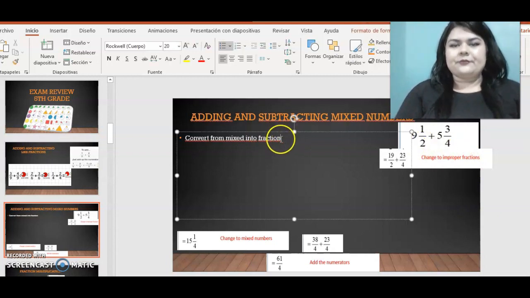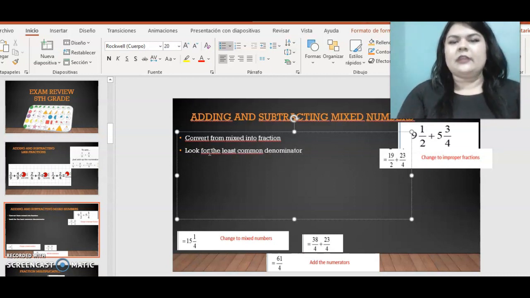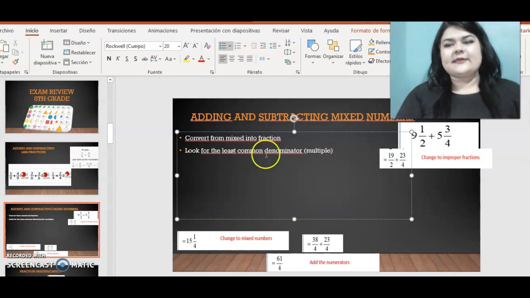Now, after this exercise, I have the next step. What's the next step? Look for the least common denominator. And how can I look for the least common denominator or the least common multiple in this case? Well, in the times tables.